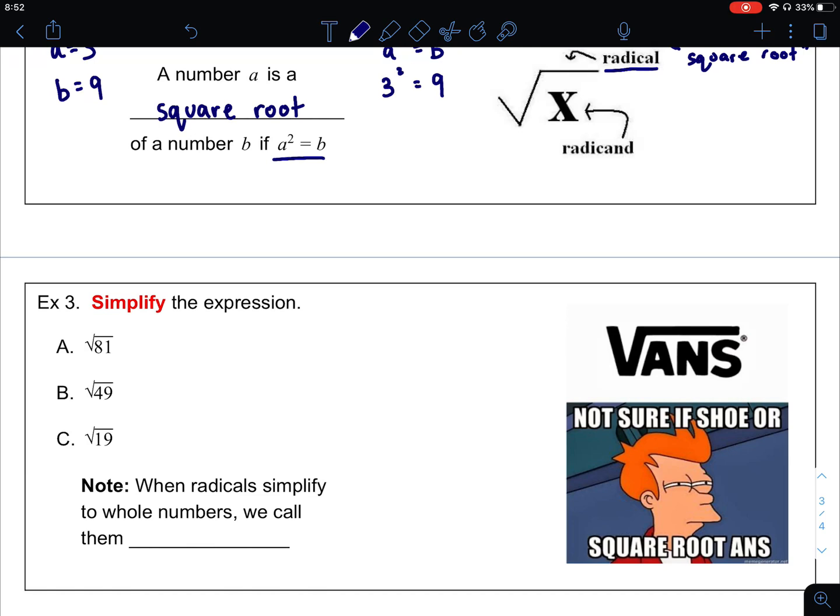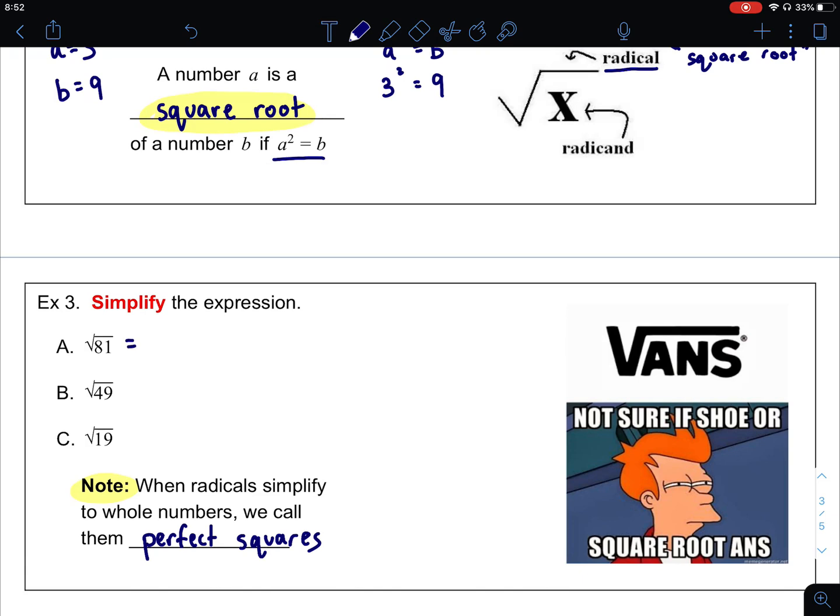So for right now, we're just going to be recognizing when things are able to come out of a square root. And if you're looking ahead at this note, if they can come out as whole numbers, we call them perfect squares.